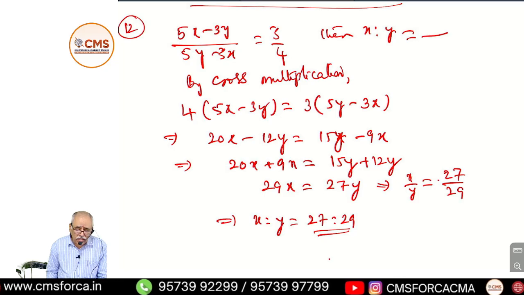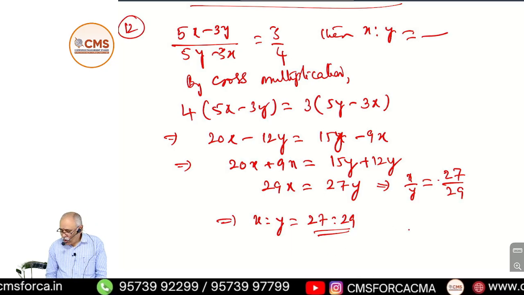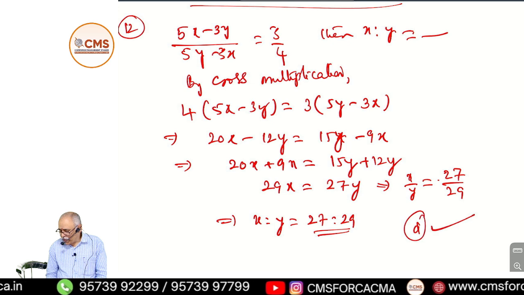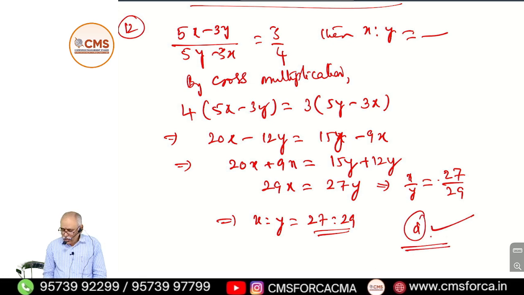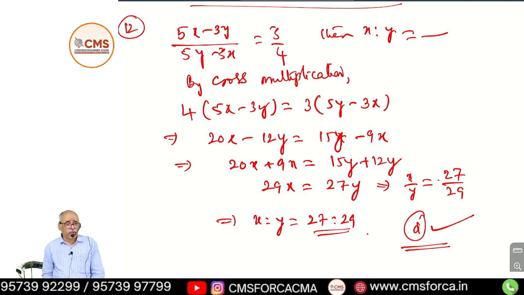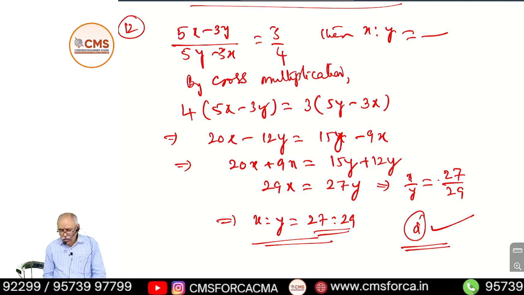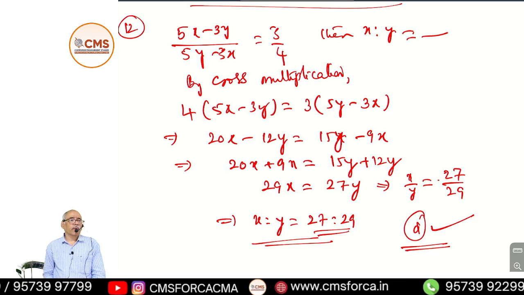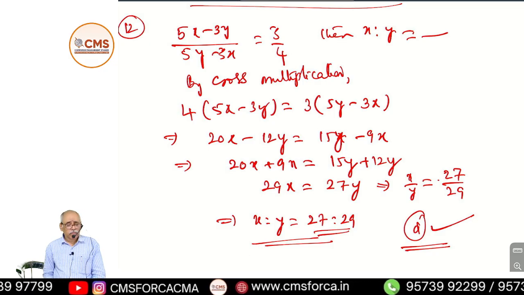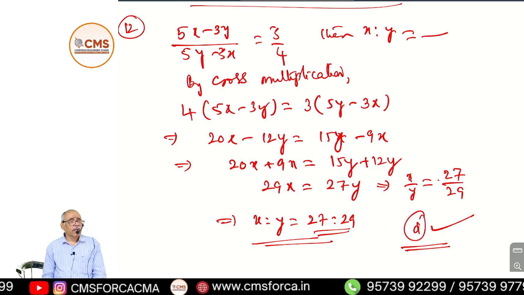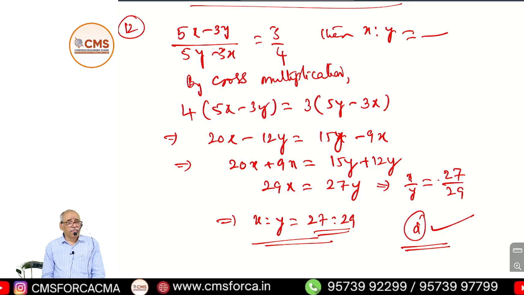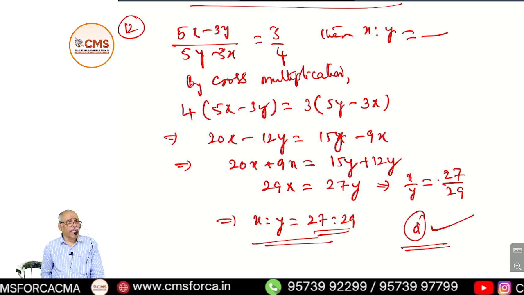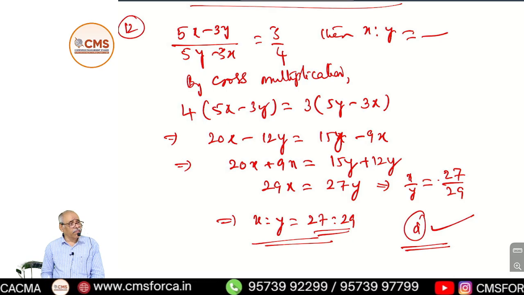Which option is it? None, so option D is correct. At none, you write this answer, 27 is to 29. Understood? Just cross multiply, write the x terms on the left hand side and the y terms on the right hand side, then write the x by y value.